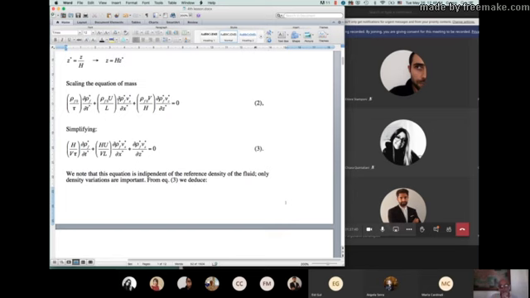So the second most important term is the velocity of the mass transfer in the x direction. You need to transfer mass from somewhere far away to where your geothermal system is.